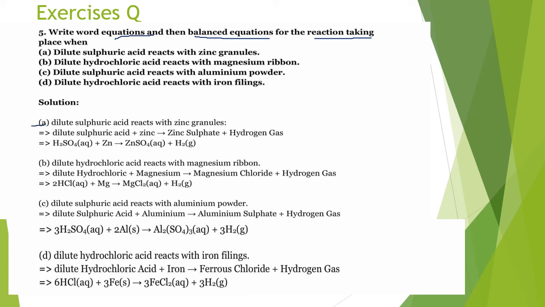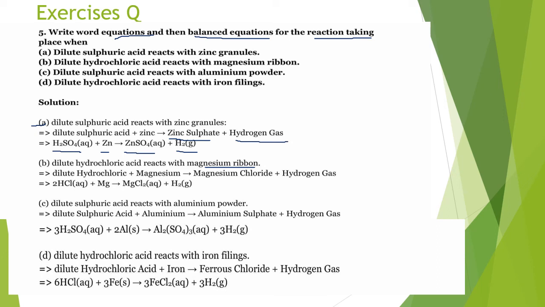Number 1. Dilute sulfuric acid reacts with zinc granules. Sulfuric acid reacts with zinc granules to form zinc sulfate and liberate hydrogen gas. Formula for sulfuric acid H2SO4 plus Zn to form ZnSO4 and H2. And the equation is already balanced. B. Dilute hydrochloric acid reacts with magnesium ribbon.